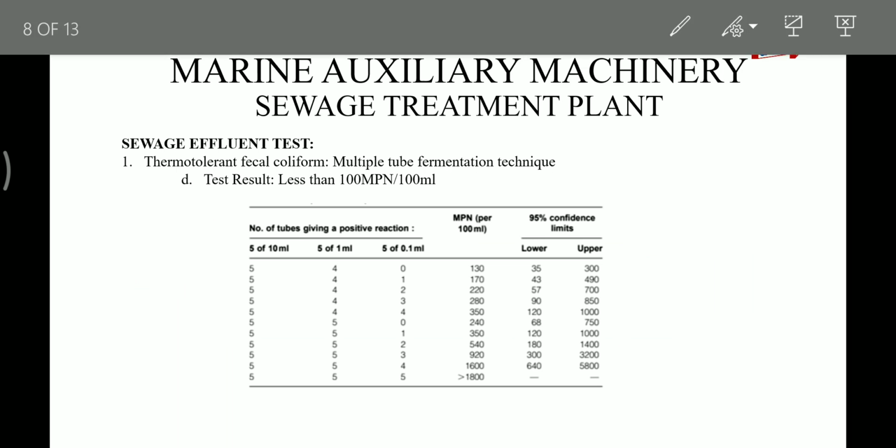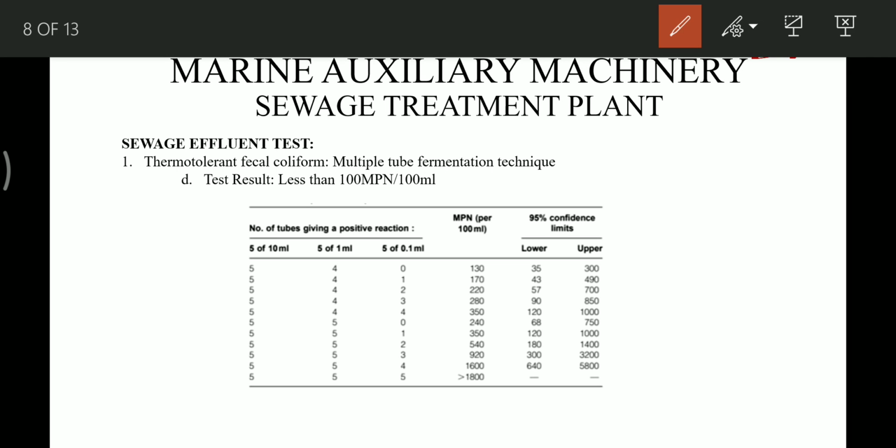So how do we get this value? Suppose there were three rows: one with 10 ml, another with 1 ml, and another with 0.01 ml. Suppose in the first row all 5 tubes were showing positive, in the second row 4 tubes were showing positive, and in the third row 2 tubes were showing positive.